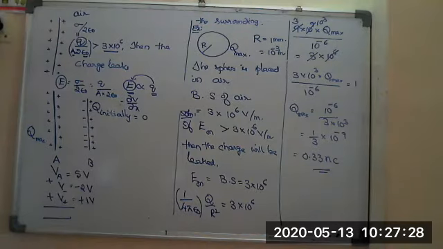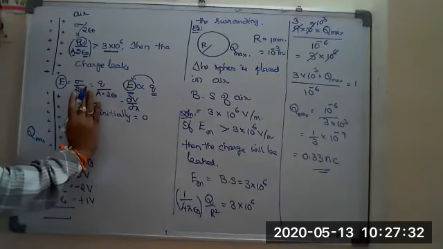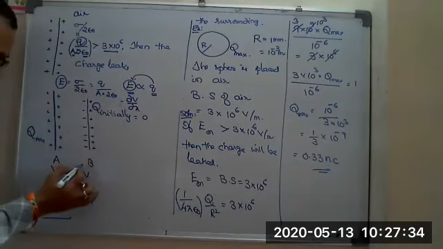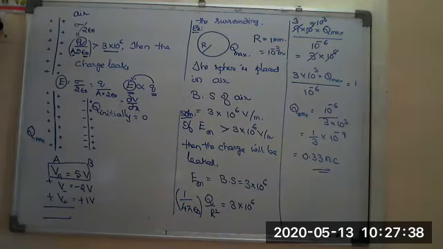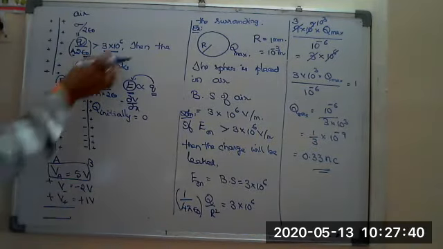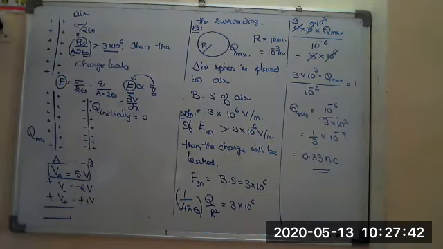Understood the concept here, Nana? Previously, if you don't place the plate B, there is only one potential, that is 5 volts. By this, you are getting an electric field intensity of 3 into 10 power 6. Just an assumption, some value I'm assuming here.